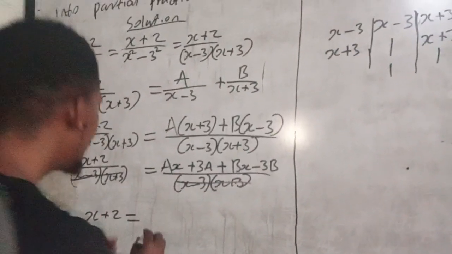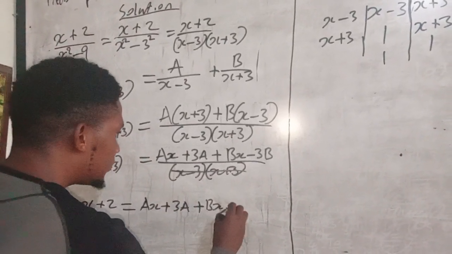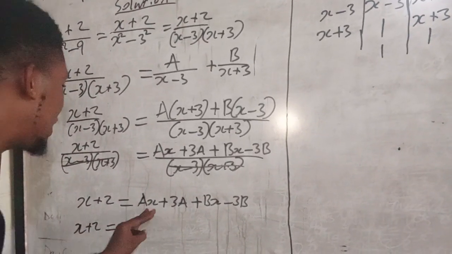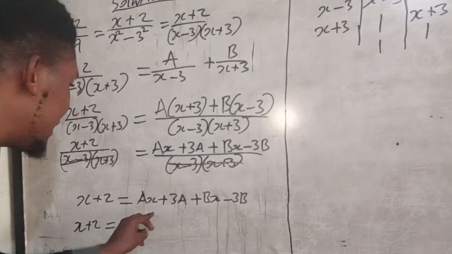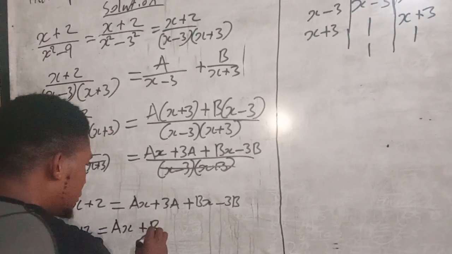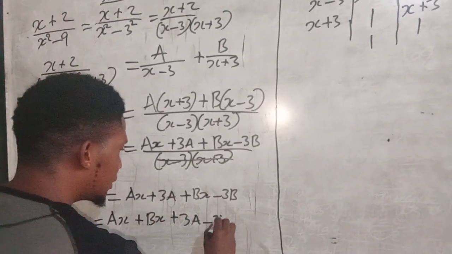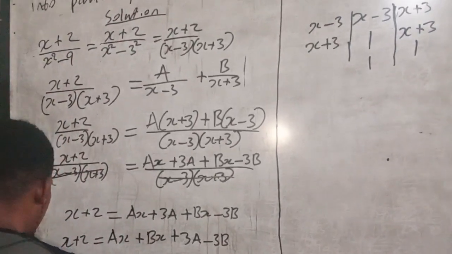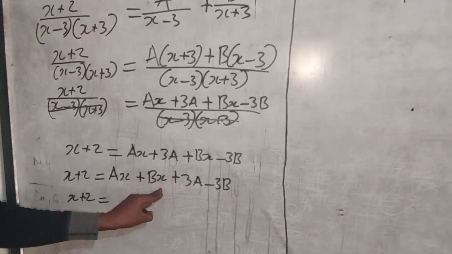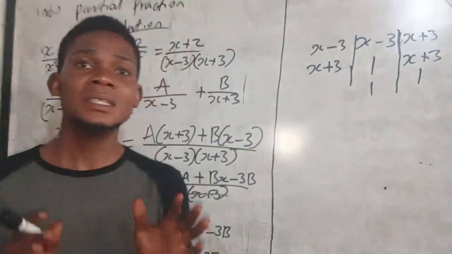Now we have Ax plus 3A plus Bx minus 3B. We have x plus 2 will now be equal to, we bring together the terms that have x and x. We have Ax plus Bx plus 3A minus 3B. For us to find the values of A and B, there is what is called an identical equation.